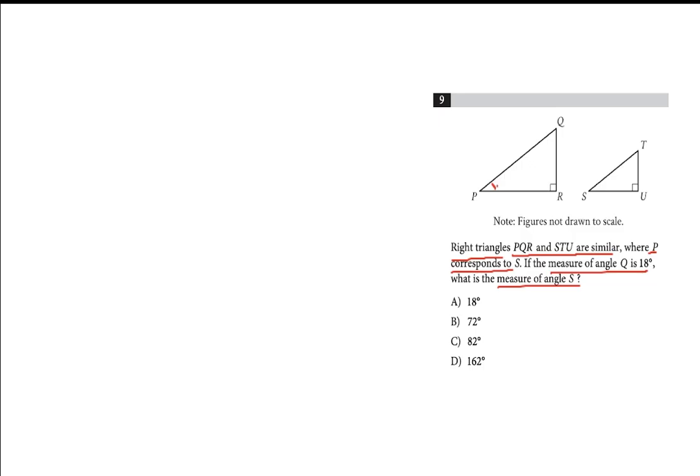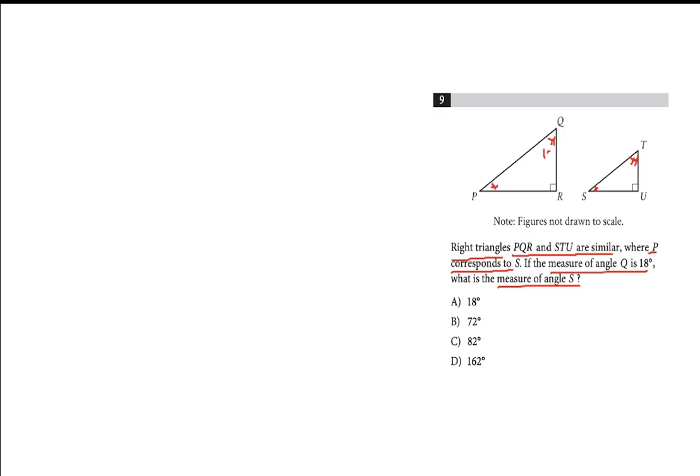So that means all corresponding angles on these triangles are congruent. I'm going to draw my congruency symbols on my angles. P corresponds to S, Q corresponds to T, and R and U are both right angles. So now we show that our angles are congruent.